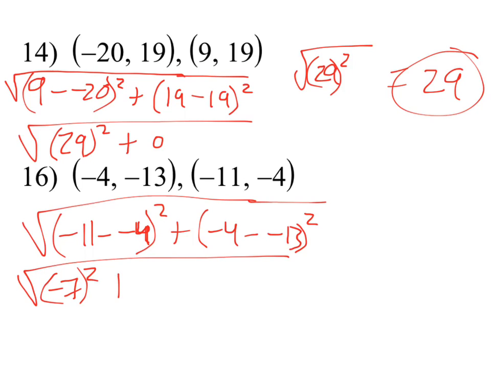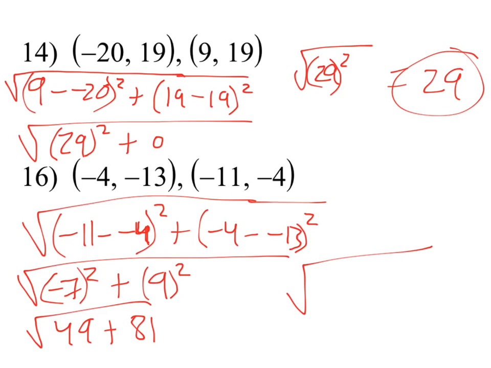And then negative 4 plus 13 is going to give you 9, which I need to square. Negative 7 squared is 49. 9 squared is 81. And if you add those up, you're going to get the square root of 130, which is going to be the answer for 16, and that's going to be it for this video.